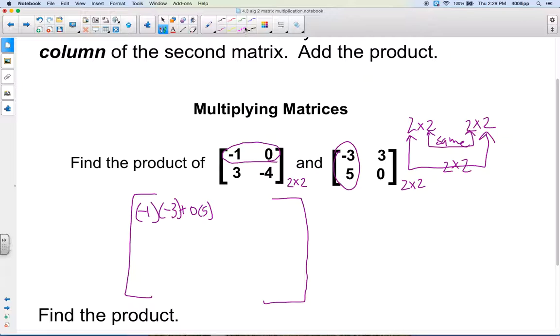Okay? The next one here, we're going to take this first row and the second column. So I'm going to go -1 times 3 plus 0 times 0. Okay, that's the next one.